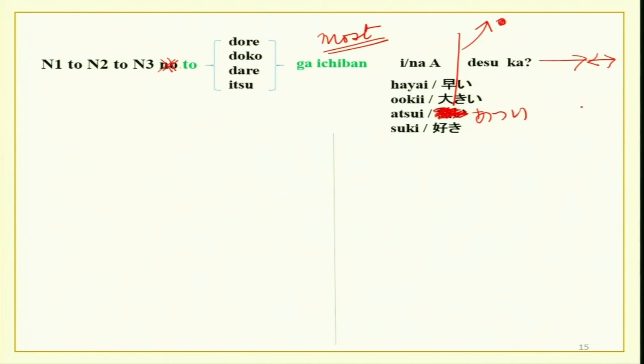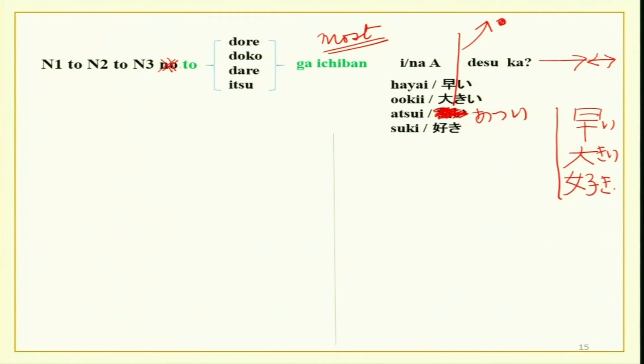Now, I just did the kanji with you. Before I go any further, I will do the kanji. So, hayai, ookii, suki. So, again and again we will see these characters and I am sure you will be able to memorize them.